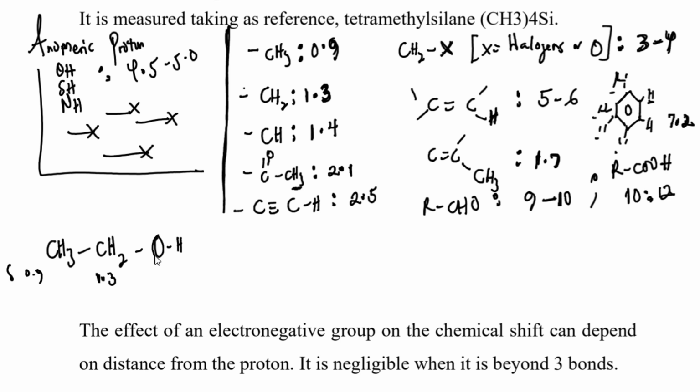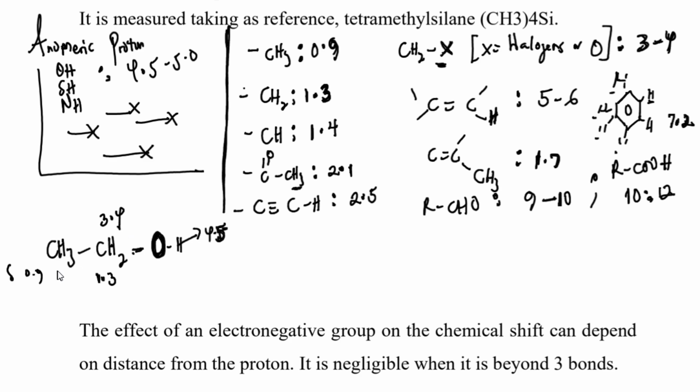But because there is an electronegative atom around, it's going to de-shield them. So this one is going to be around 4.5 to 5.0, whichever value. 4.5, you can give it 4.6. But looking at this is already close to something similar to this. So it's going to de-shield it from 1.3 to around 3, we can call it 3.4.